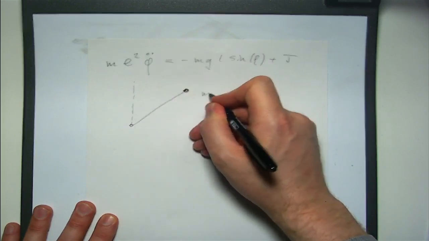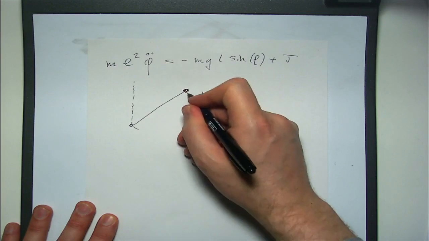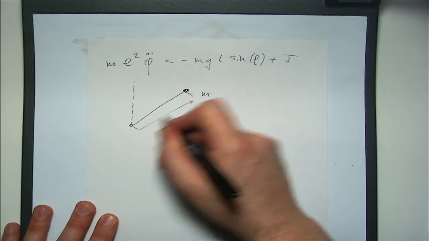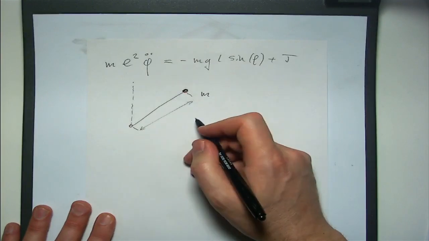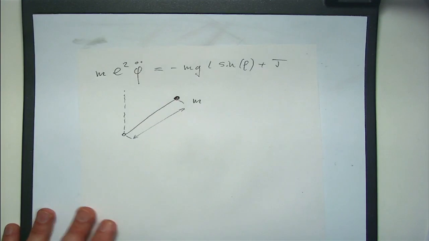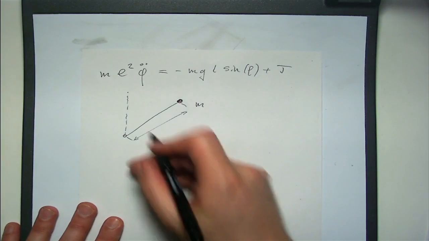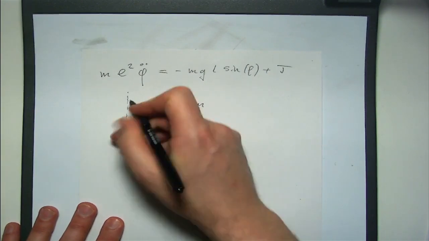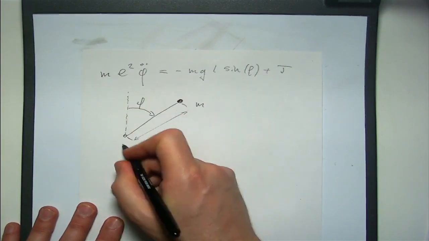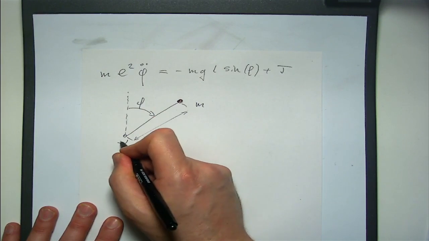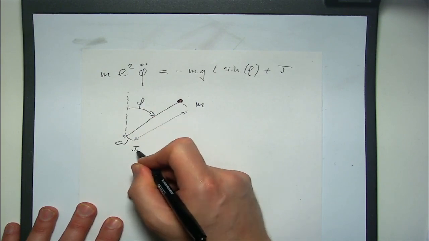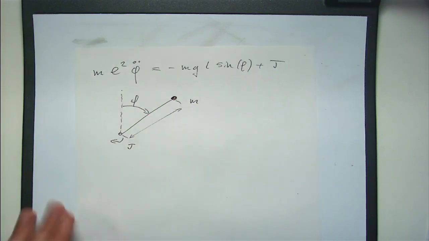We have here an M, we have there phi, and then we have here a tau.